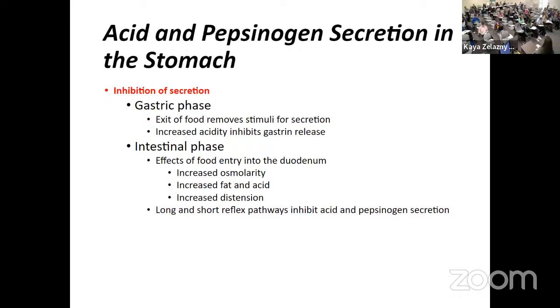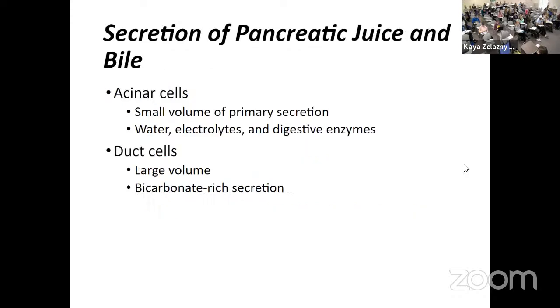And at the same time, because the food has moved as chyme mixed with those gastric juices into the duodenum, we're sensing the presence of food, fats, of these broken down bits of protein in the duodenum, maybe the duodenum stretching a little. So that's another signal that the food has moved out of the stomach, essentially. So we're going to have pathways looping back, inhibiting acid and pepsinogen secretion from the stomach.